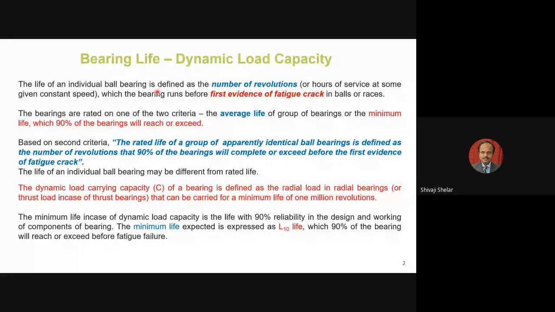So I may design a bearing required for this mixer application, a grinding and mixing application for home, which may require, say, a minimum of 10 million revolutions of life. Then I will select the bearing which will satisfy that 10 million revolutions, because I know my standard loading capacity.